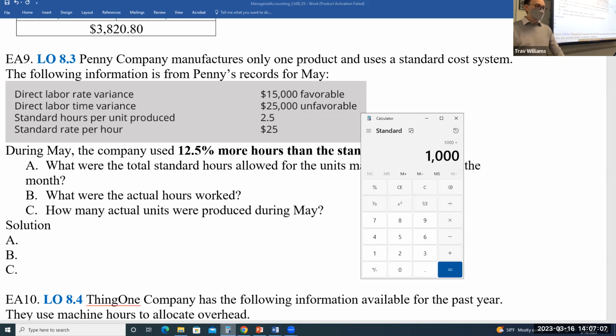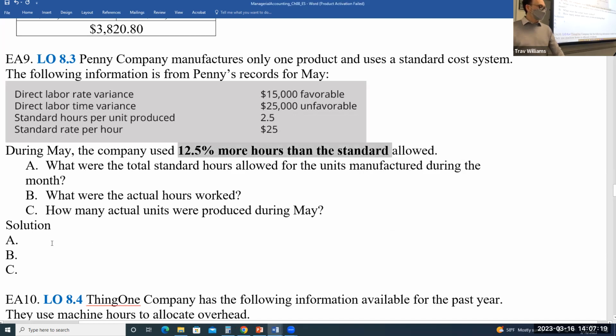I think if we divide by 12.5%, we'll have the answer. We do. So that means the actual standard hours allowed were 8,000. Again, we took the labor time variance, divided it by the standard rate. We got 1,000 hours, divided that by 12.5%, and we got our standard hours.